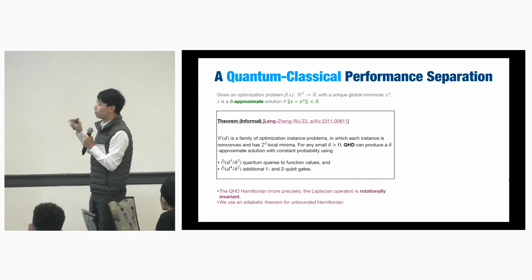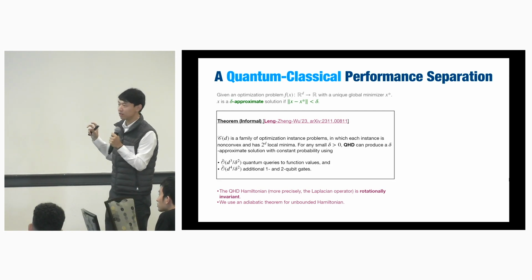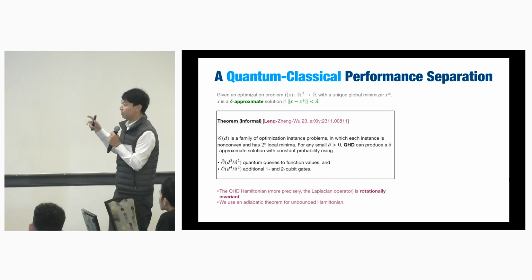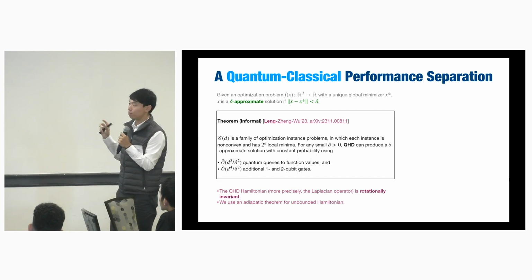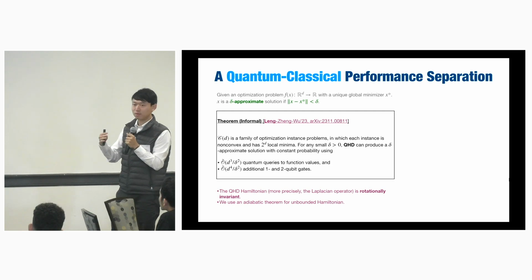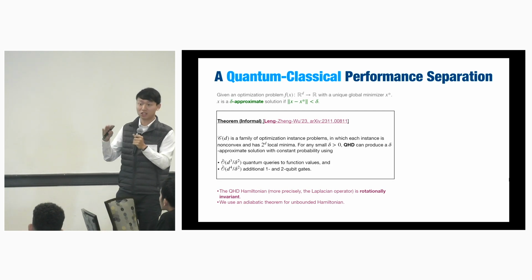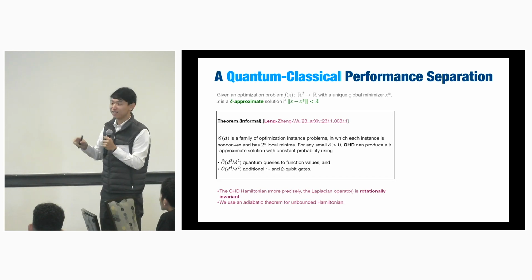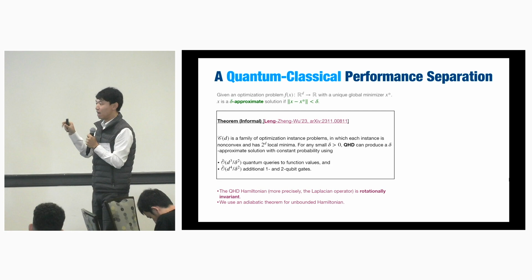And the key idea behind this theorem is that this quantum Hamiltonian operator is rotationally invariant, which means you can hide the global minimizer information using some sort of rotation, but this rotation does not affect how QHD, as a quantum algorithm, sees the whole optimization landscape. But this rotation can easily fool classical optimizers, and they are not able to find the global minimizer after this rotation.